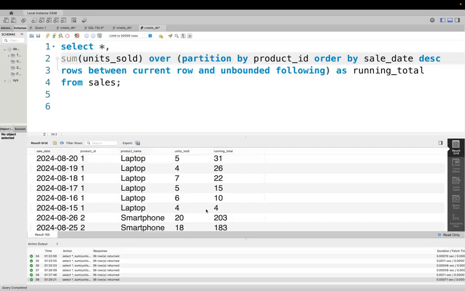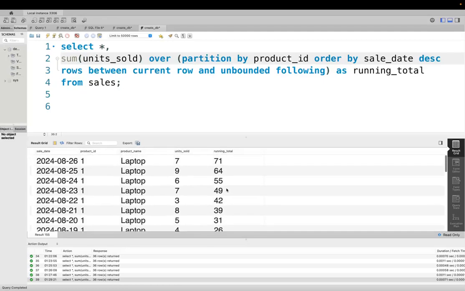No, for this particular group, no. So 4 only. Now when you come here, current row and unbounded following means from this second row till the first row, everything. So we get 10. When we are at the third row, unbounded following means from the third row till the first row, everything. So 15, like that.